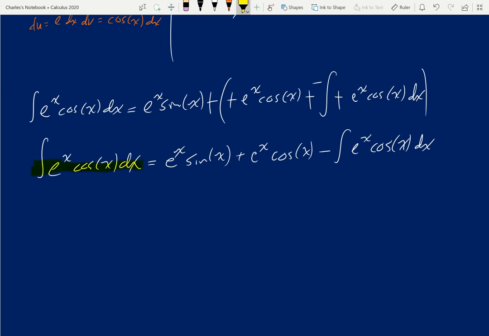Now notice what I have here, because this is kind of convenient. What am I trying to solve for? I'm trying to solve for this whole expression. What's the part that's tripping me up that I can't seem to get through? It's this expression right here. The problem is that I've got an integration expression on both sides. However, since they're the same, what would happen if I added this whole expression, the integral of e to the x cosine of x dx, to both sides?